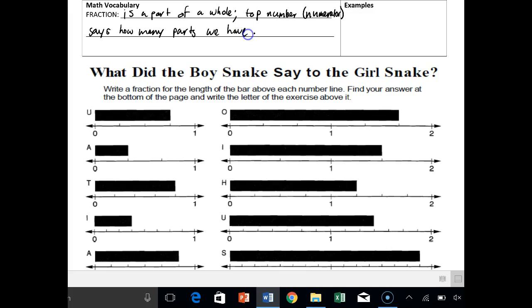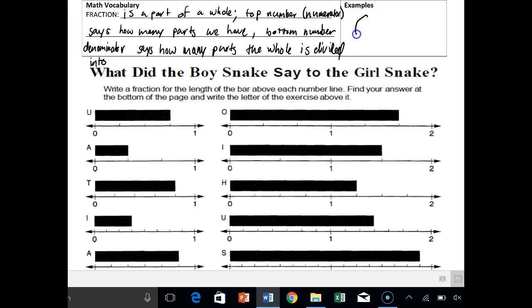And the bottom number, the denominator, says how many parts the whole is divided into. So you've seen this on ST Math, maybe with the kind of circles and graphs.